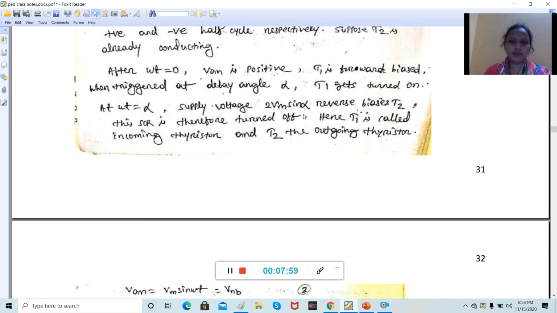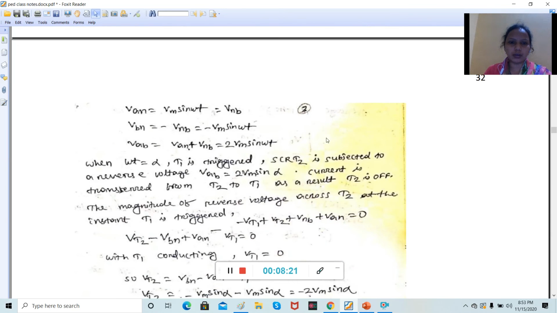At the same time, T2 is reverse biased with the voltage 2 Vm sin alpha. How it is 2 Vm sin alpha, we will get to in the later part. So the SCR T2 is turned off with the supply voltage 2 Vm sin alpha. In this case T1 is called the incoming thyristor and T2 is called the outgoing thyristor.